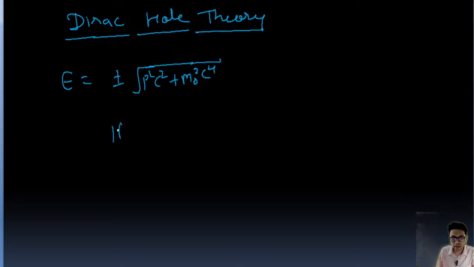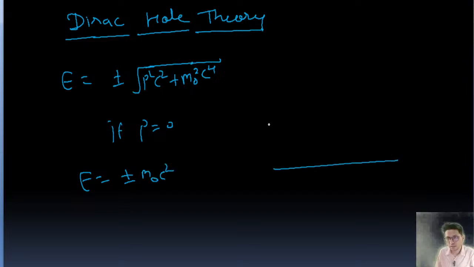From here, if P equal to 0, then E is going to be plus minus m naught c square. So these are the equations.